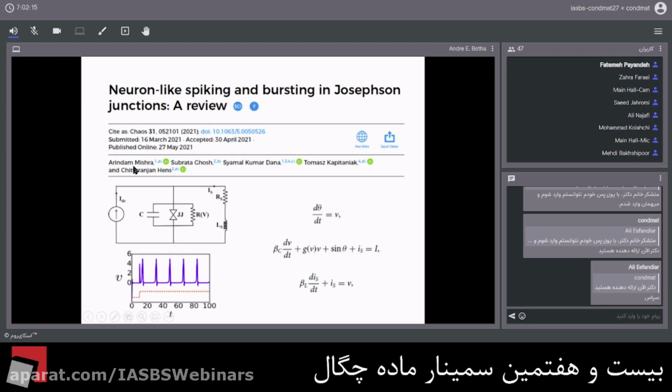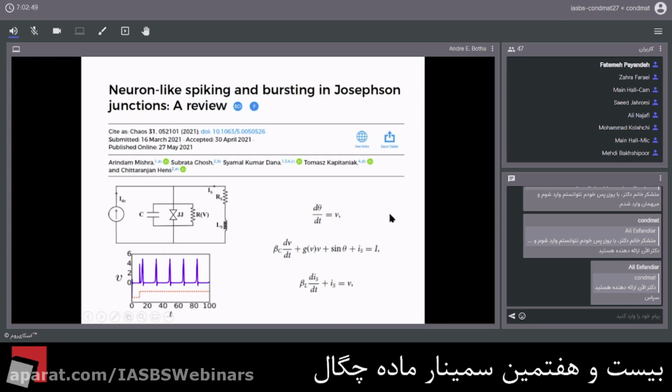And in this paper by Mishra, which was written last year, they investigate a simple RCSJ junction shunted by a resistor and inductor. And again, this system is capable of displaying similar behavior to what we desire for modeling the neuron, and hence the interest in it.